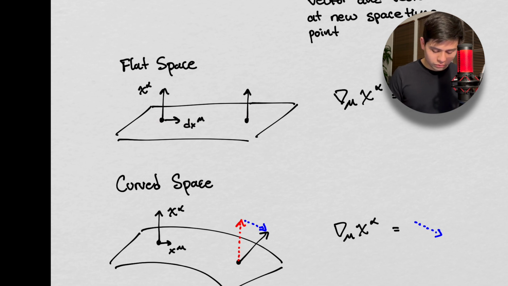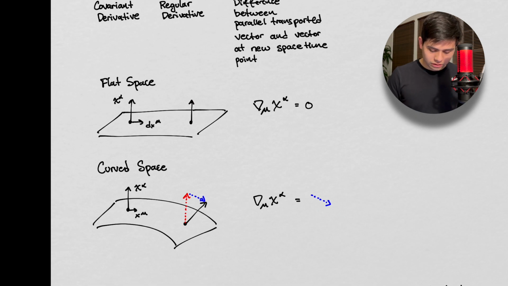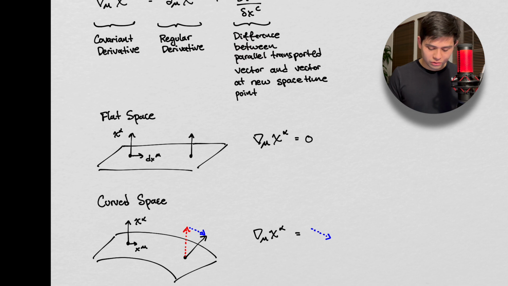And this is the vector we're looking upwards. Well, we're still going to be looking upwards in flat space. In this case, there is no difference between these two vectors. They're both parallel transported across flat space. There's no difference, so the covariant derivative is going to be 0.